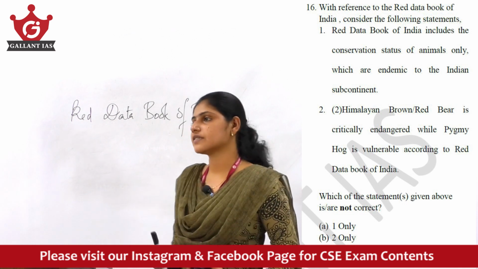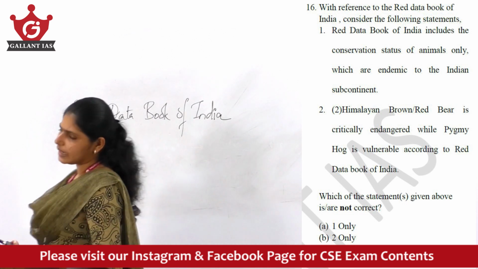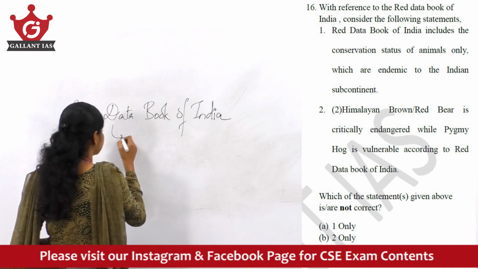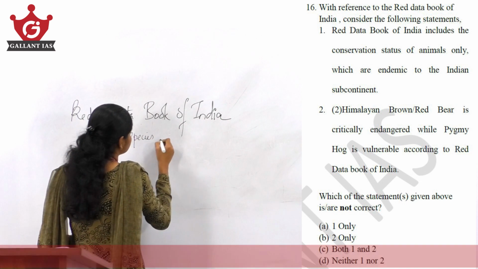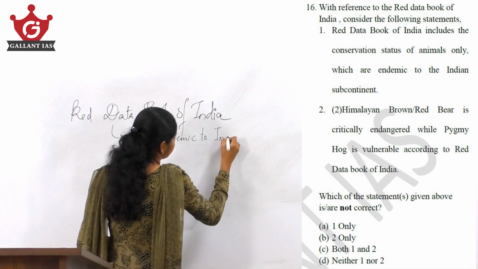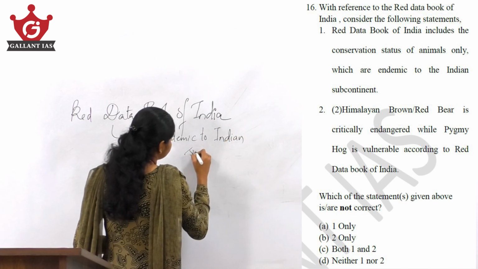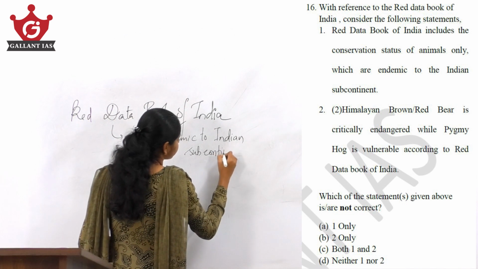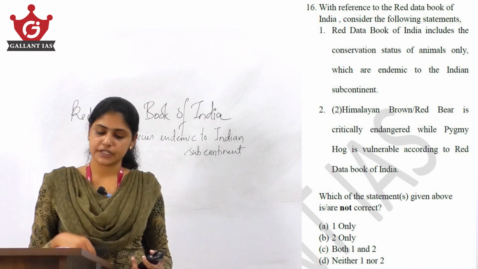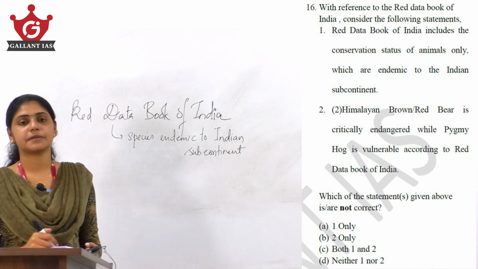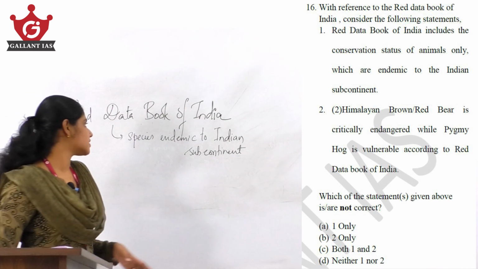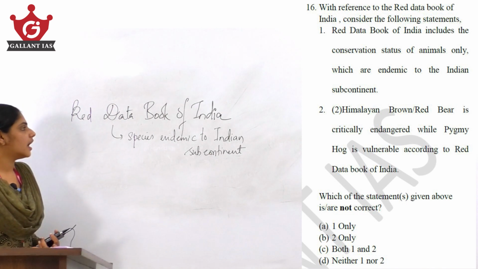It includes the conservation status of species, both animals and plants, which are endemic to the Indian subcontinent. So it has the conservation status of both animal and plant species which are endemic to the Indian subcontinent.